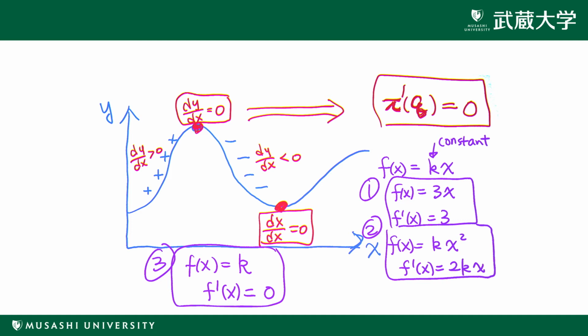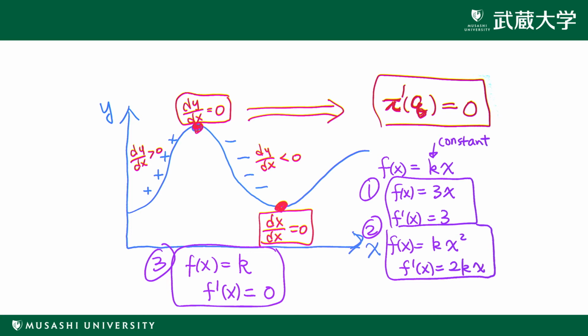Okay. Now what about this point? At this point, what's the slope? This part, the dy over dx is positive because we're going up the hill, right?